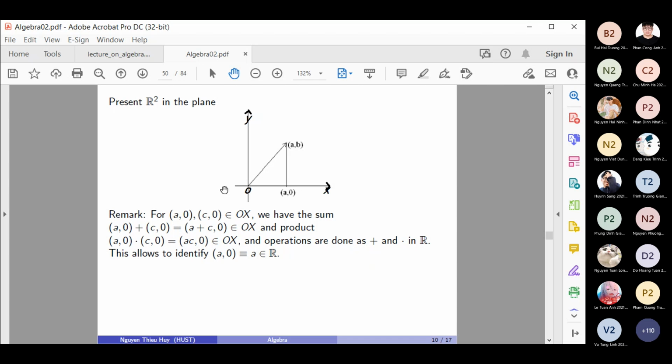What we are doing is identifying (a,0) with a.